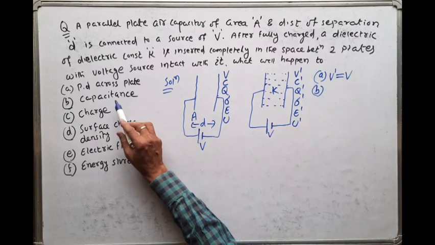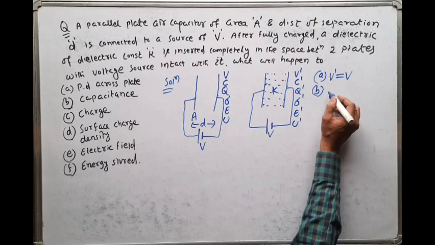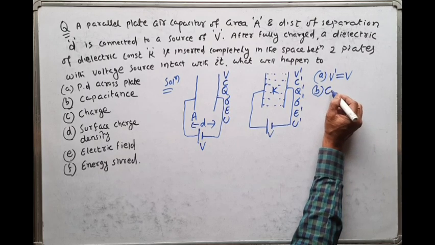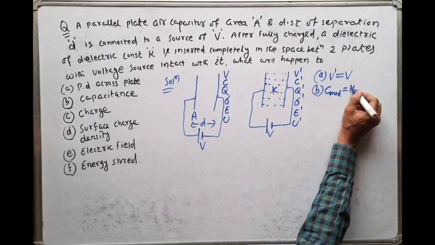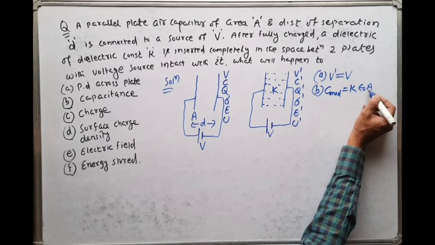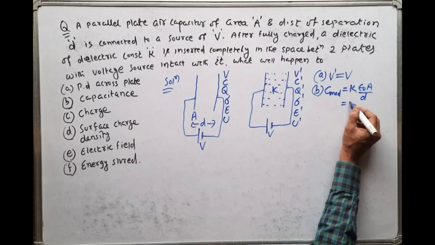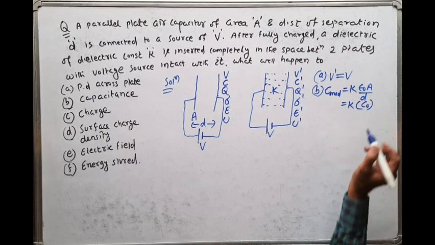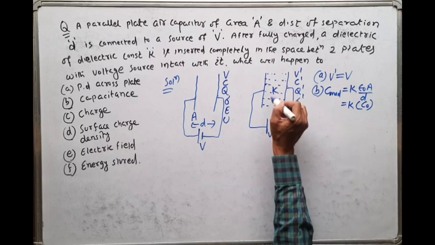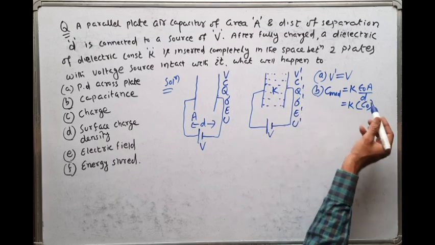Then the second bit, what is the capacitance? You know the capacitance for any medium is equal to K times epsilon naught A by D, which is nothing but the air capacitance times K. So by introducing the dielectric, capacitance increases.